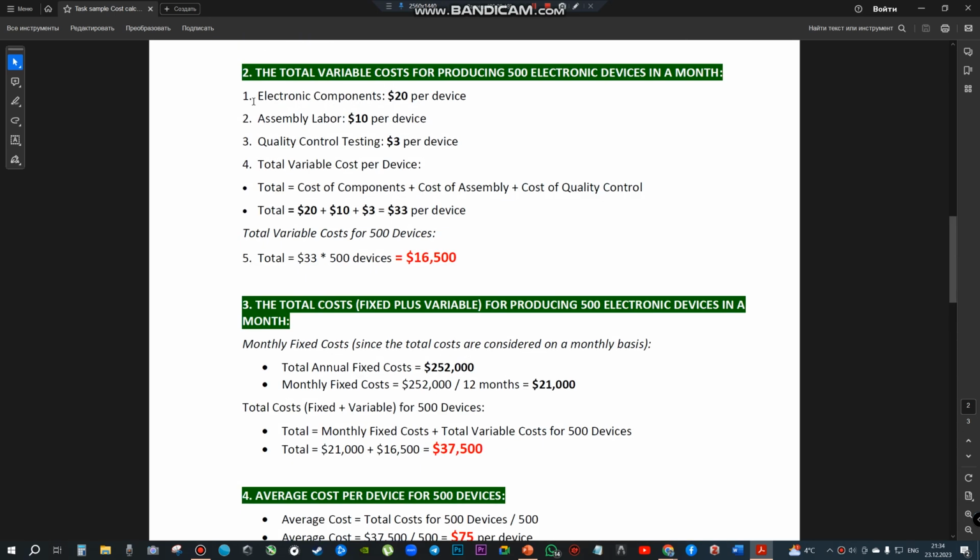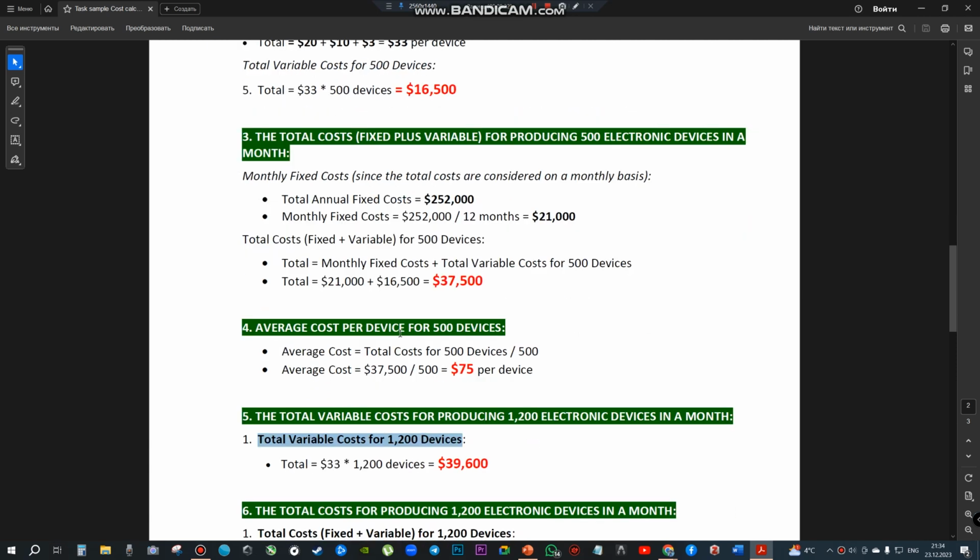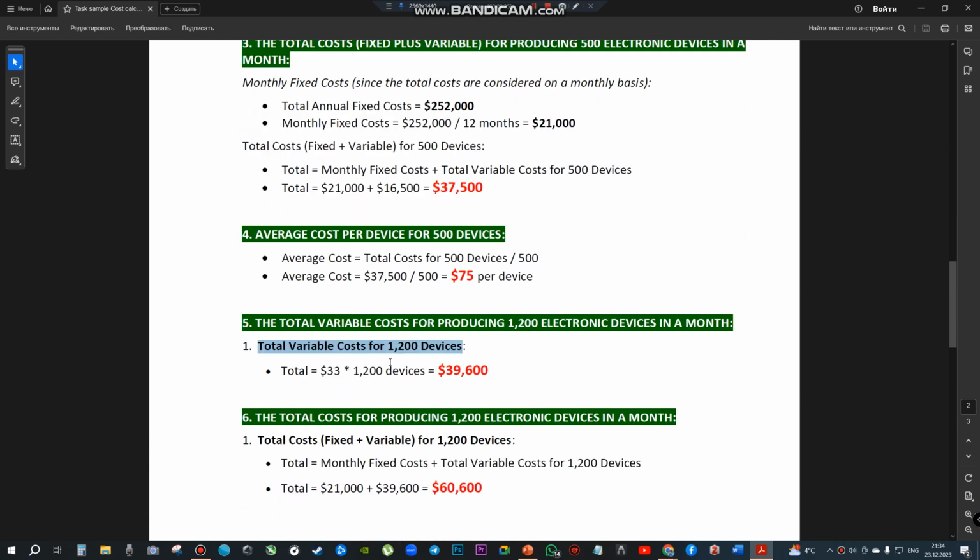And by the way, you don't have to rewrite this information within your task, because it's already given in your question list. So $33 multiplied by 1,200 devices. As a result we have this number. So that's it.